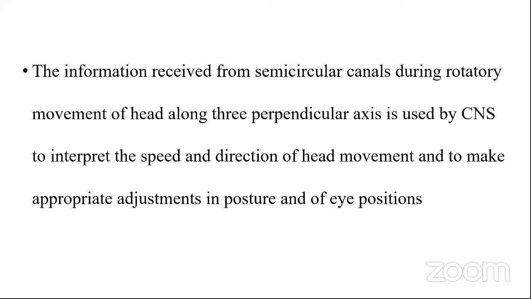So, during head movement, the information received from the semicircular canals according to the movement of the endolymph, the CNS uses this information to make appropriate adjustments in the posture of the person and also eye positions of the person according to the head movements.